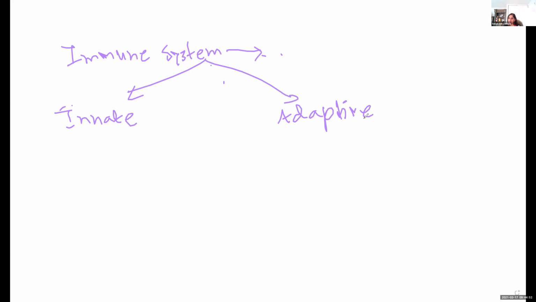So that's why it's called adaptive or acquired, meaning you acquire this immunity as you go through life and become exposed to various types of pathogens. This is why we say adaptive immunity has memory and discrimination between self and non-self. Innate immunity has some discrimination between self and non-self.